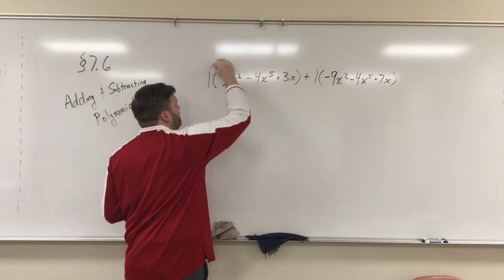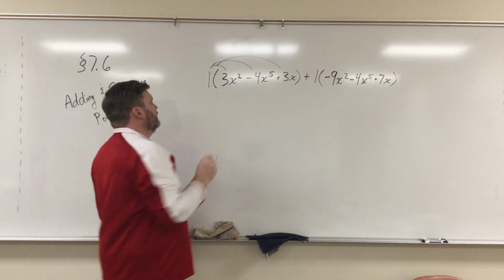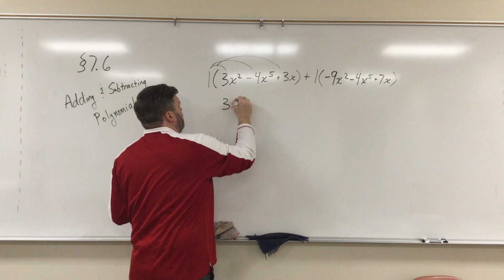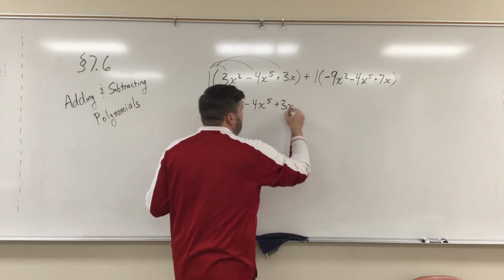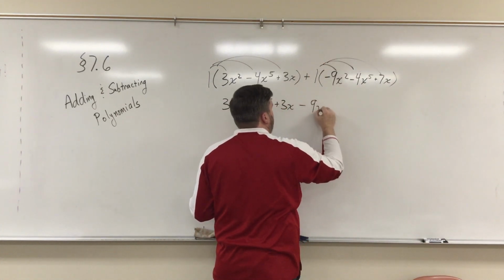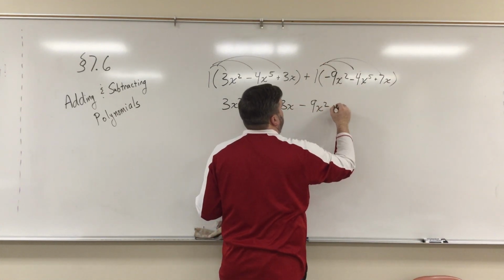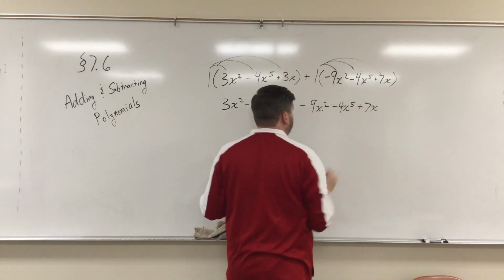In other words, we're using the distributive property there of a 1. And you got 3x squared minus 4x to the 5th plus 3x. And then you're going to distribute this one. We get minus 9x squared minus 4x to the 5th plus 7x.